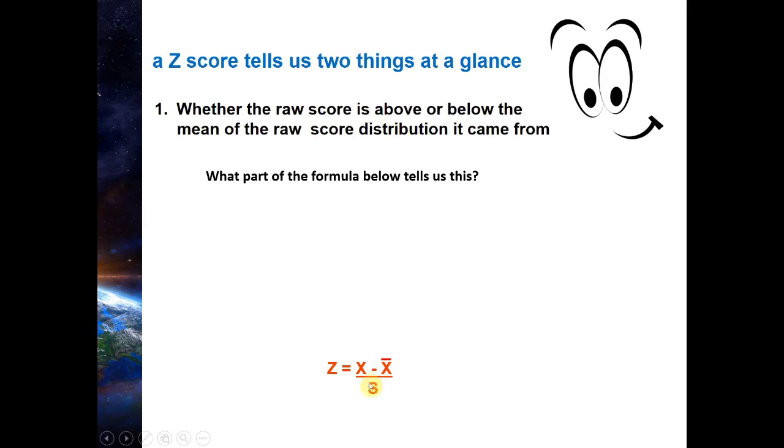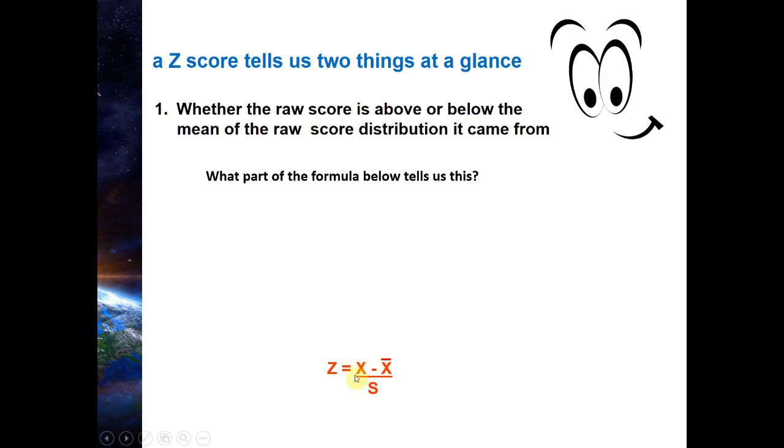So we know the denominator is going to be a positive number. So when would z be negative? Well, it would be negative when our numerator here is negative. That will happen if your raw score is less than the mean. So if the mean was 10 and this was 5, 5 minus 10 is minus 5, right?